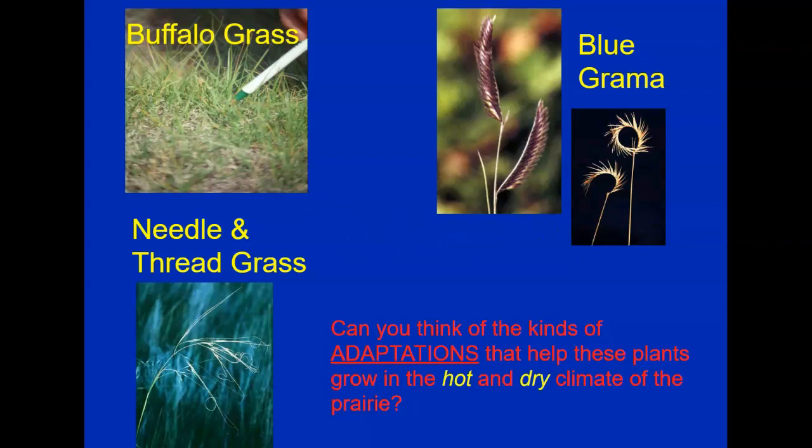We also have taller grasses like needle and thread. When we think about the adaptations that help these plants grow in the hot and dry climate of the prairie, one thing to think about is the shape of the leaf. The leaf is very narrow, and the orientation of that leaf is straight up and down. This is one adaptation for living in a very high solar radiation environment.